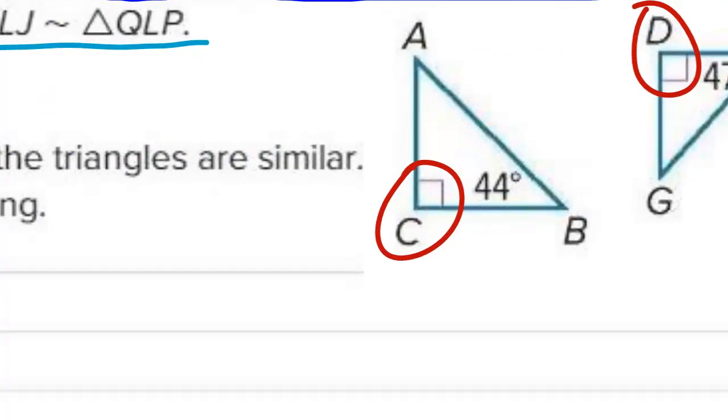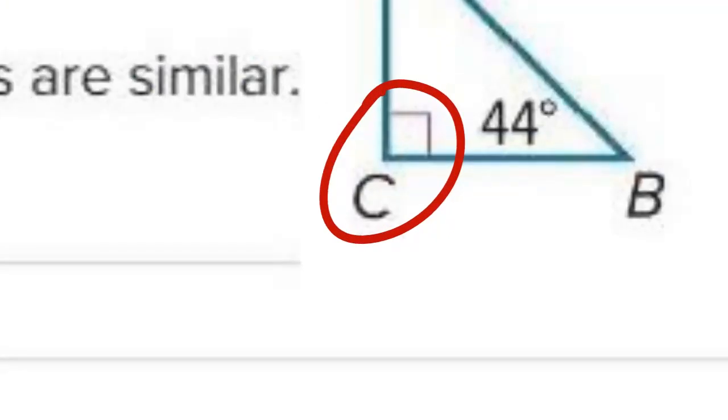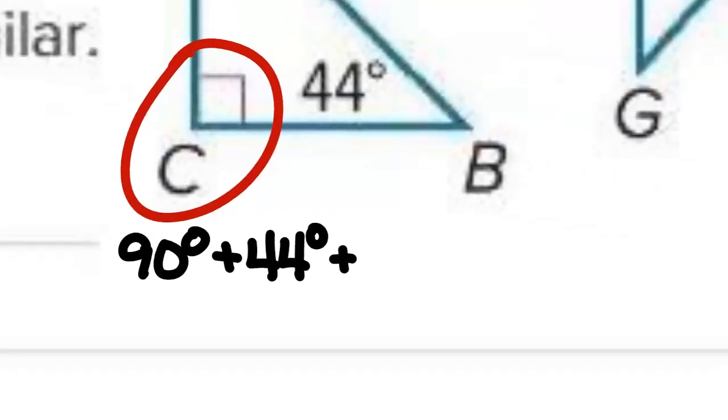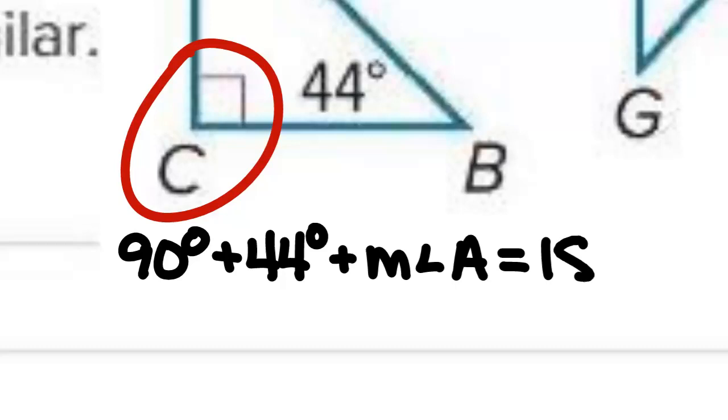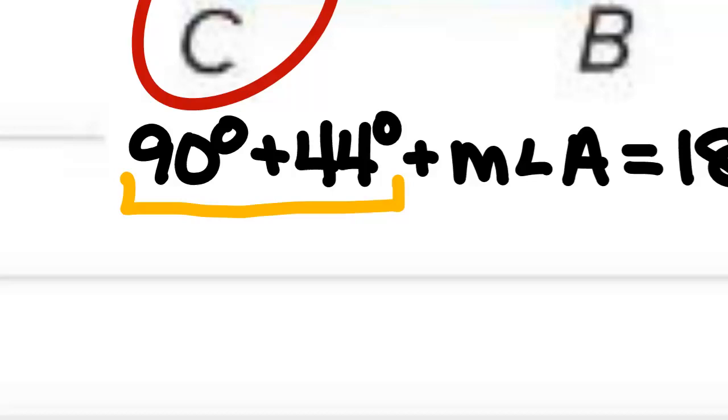How many degrees does a triangle always add up to? 180. All right, so let's find angle A first. I have 90 degrees plus 44 degrees plus the measure of angle A. That adds up to 180 degrees. What is 90 plus 44? 134.